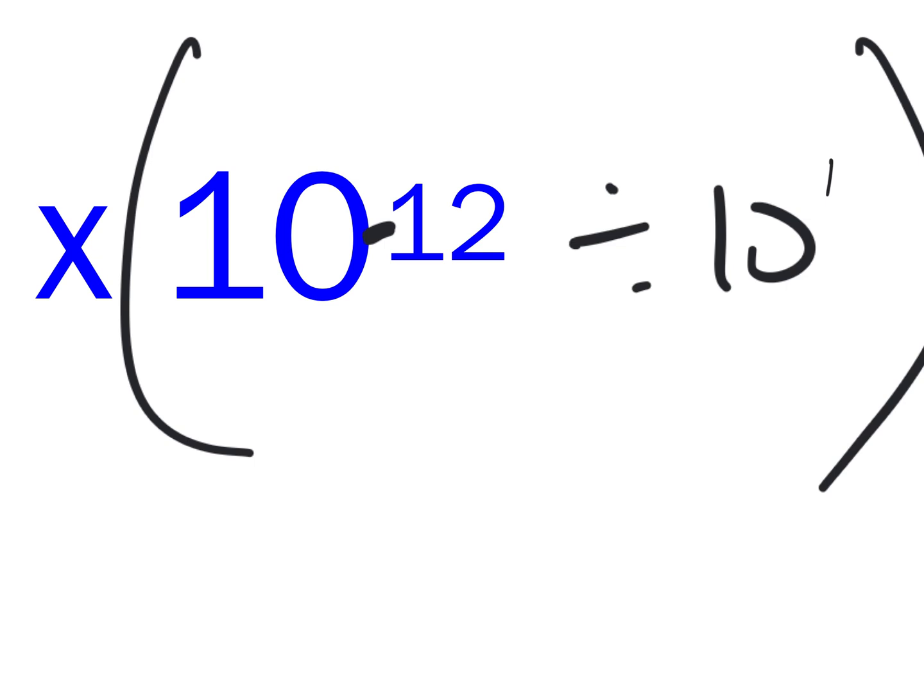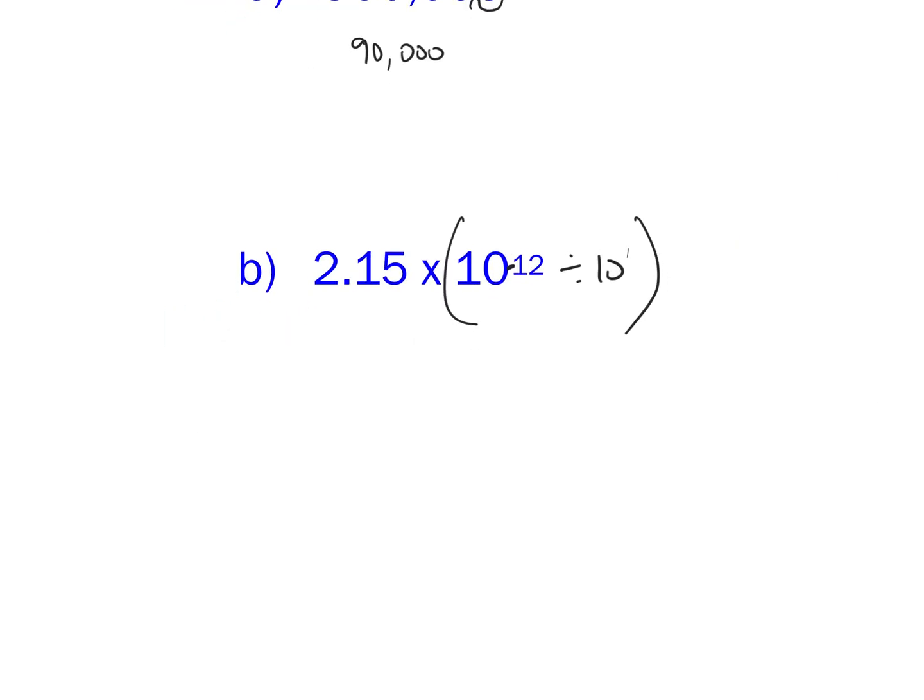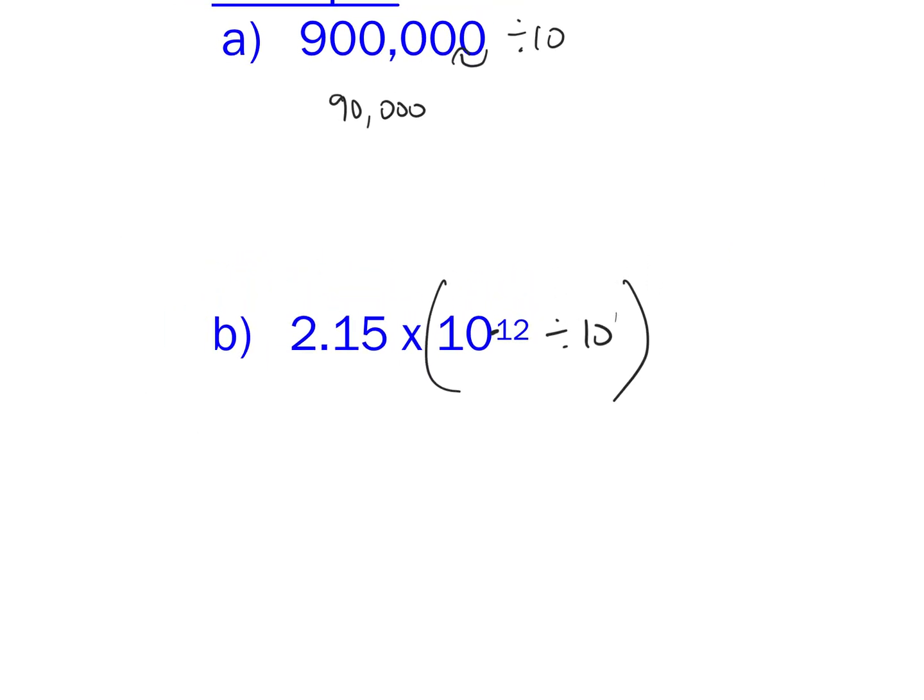Negative 12 subtract 1. Negative 13. Thank you. It's negative 13. We're seeing all these beautiful connections. This takes us back to our time with integers. Negative 12 minus 1 is negative 13. And it's 2.15 times 10 to the negative 13 is how we write that number if we're trying to find the number 1/10 as large as 2.15 times 10 to the negative 12. Right?